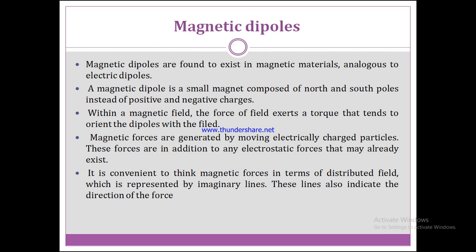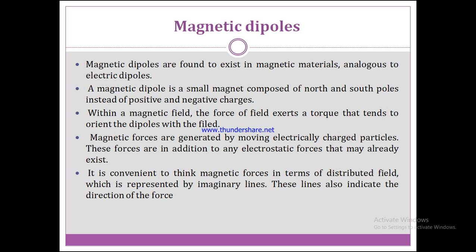These forces are in addition to any electrostatic forces that may already exist. It is convenient to think of magnetic forces in terms of a distributed field, which is represented by imaginary lines, and these lines also indicate the direction of force.